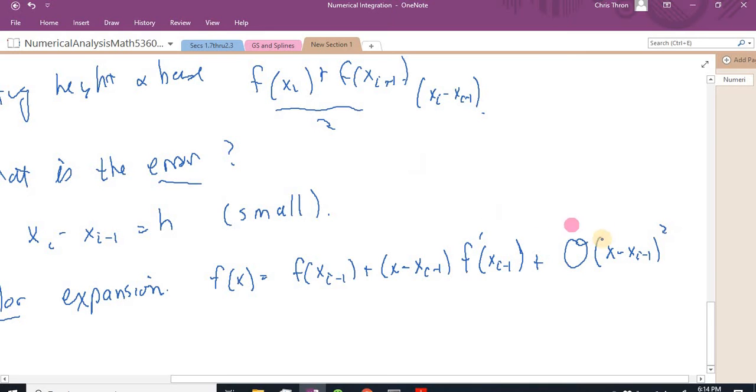Okay. Now on this interval, the distance between x and xi minus 1 has to be less than h. Okay. So this here is going to be less than or equal to h squared. Okay, so this term is less than or equal to h squared. Okay.